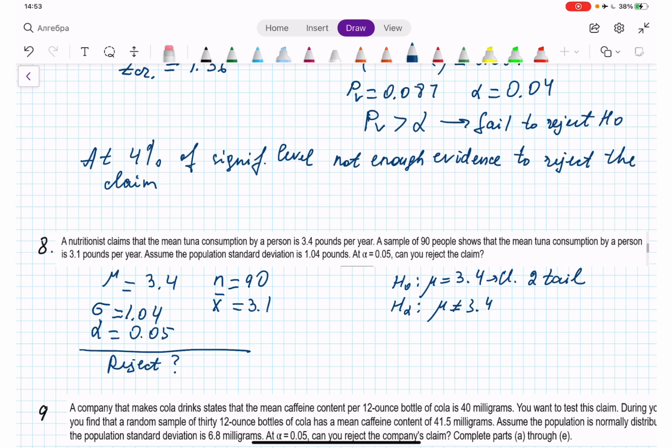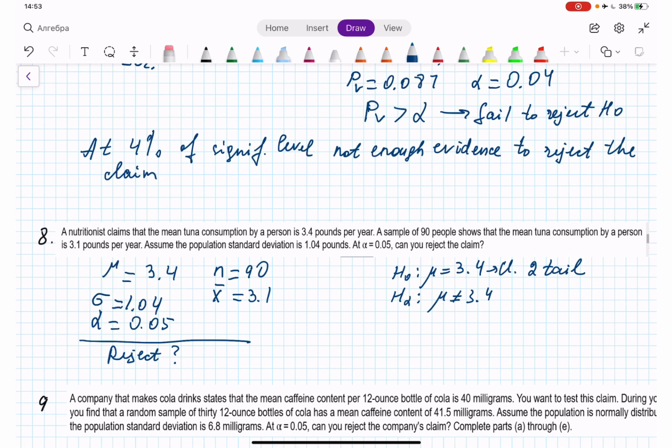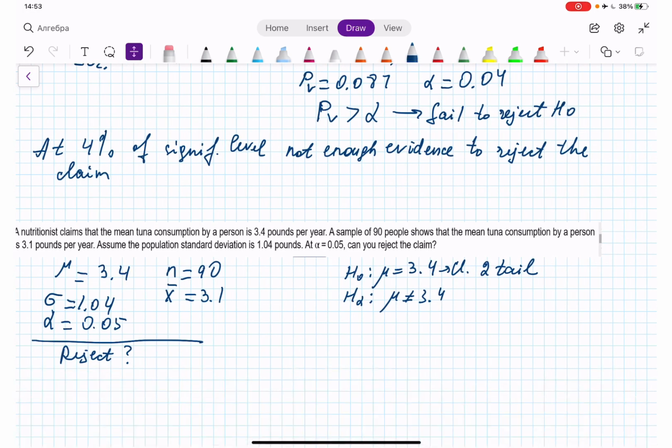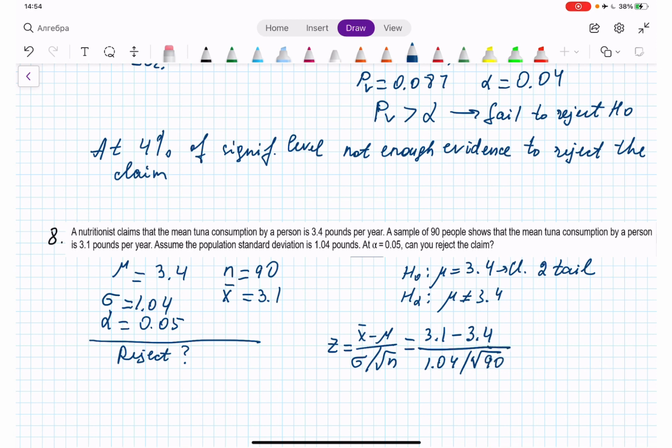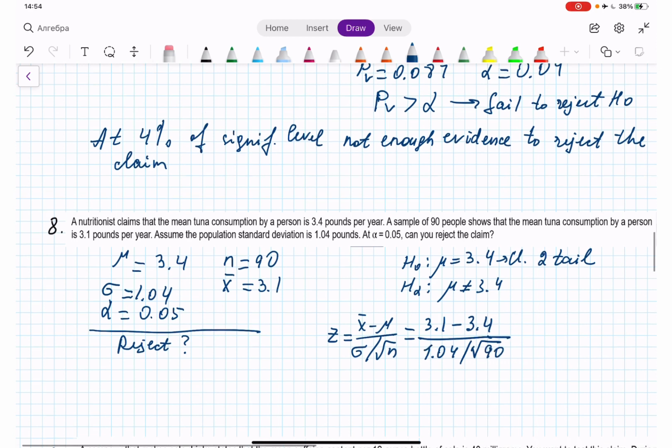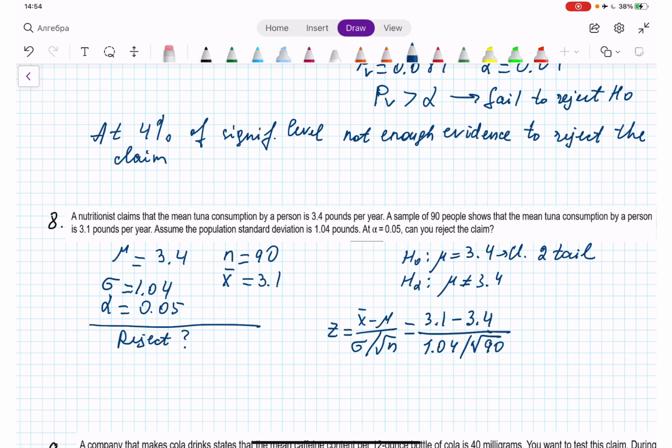Okay, so next we need to identify the standardized test statistic Z, which is equal to x bar minus mu over sigma over square root of n. X bar is 3.1, mu is 3.4, divided by sigma, 1.04, and square root of n, which is square root of 90.